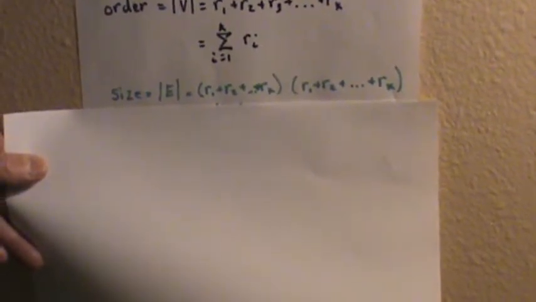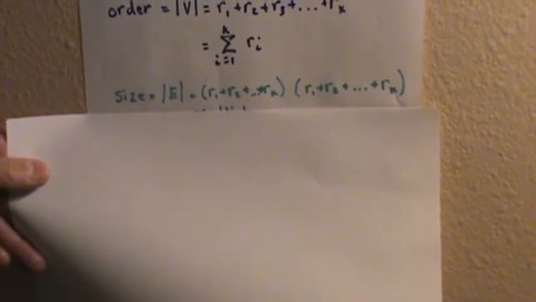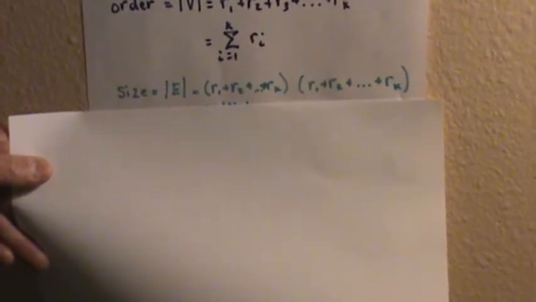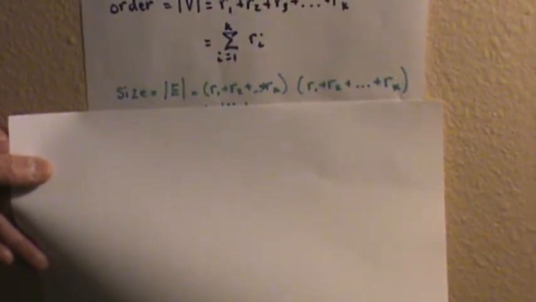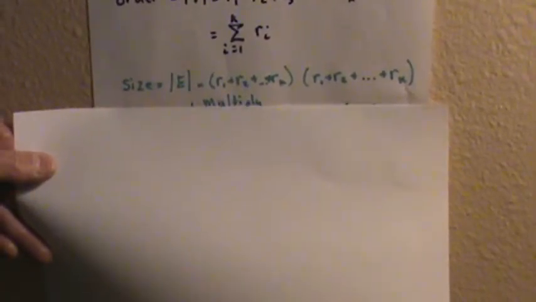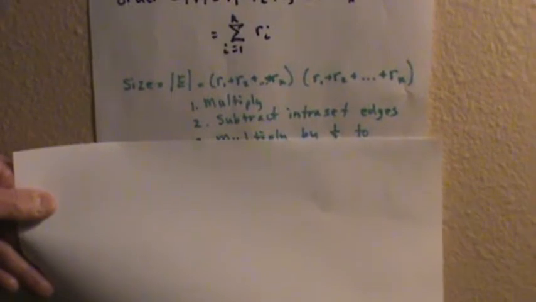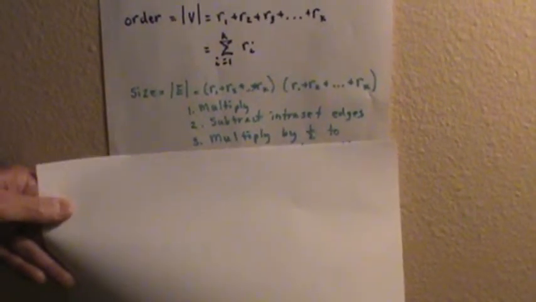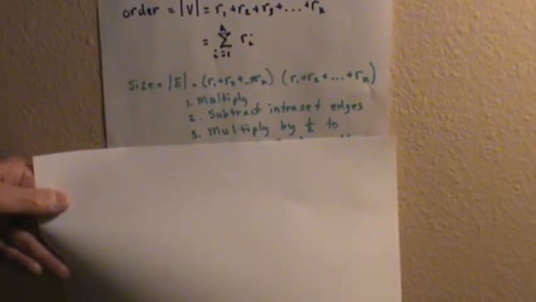So we have to do the following things. We have to subtract out the intraset values. Intraset meaning when you have R1 and R1 together, R2 and R2 together, R3 and R3 together. And then we are going to have to multiply by 1/2 so that we do not end up with the duplication.